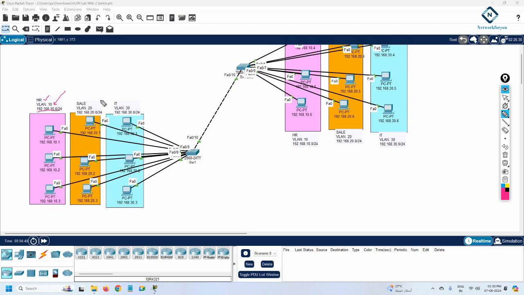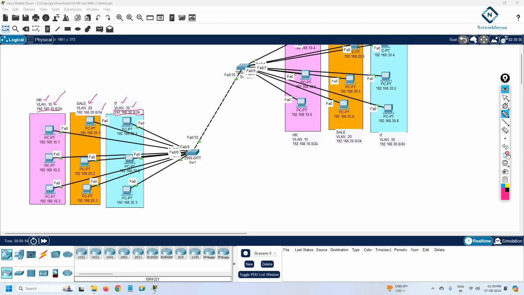We are using VLAN 20 for the sales department, and the IP scheme we are using for them is 192.168.20.0/24. And we have one more VLAN, VLAN 30, that we gave to IT, and we designed the IP scheme 192.168.30.0 for VLAN 30, that is the IT department.